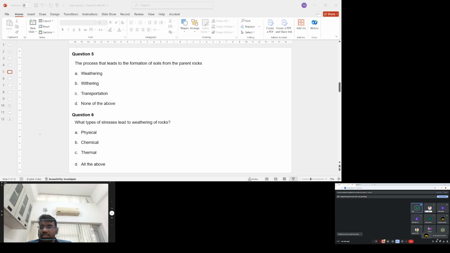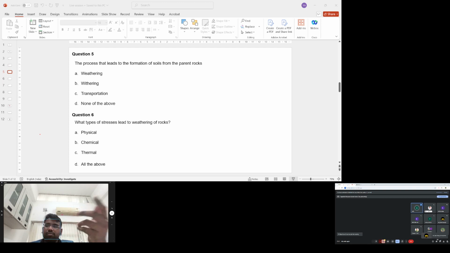And thermal is exfoliation. For example, in high temperature regions where we have a large temperature difference between day and night, within the layers of a single rock there will be temperature variations.